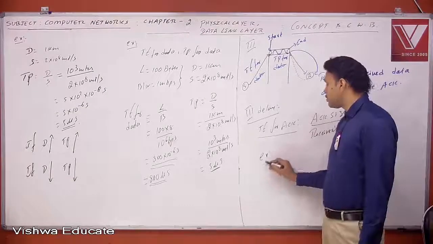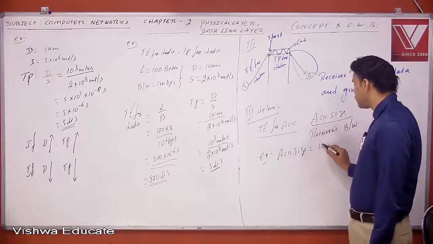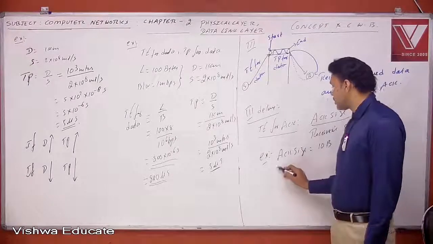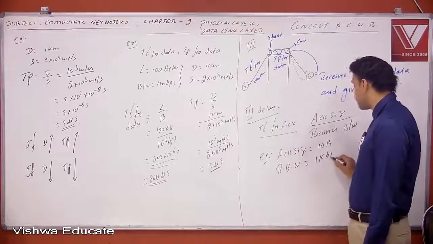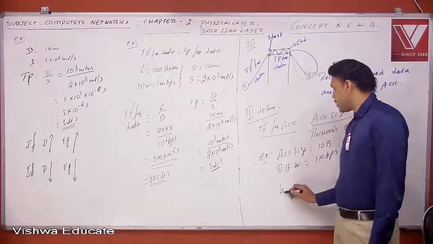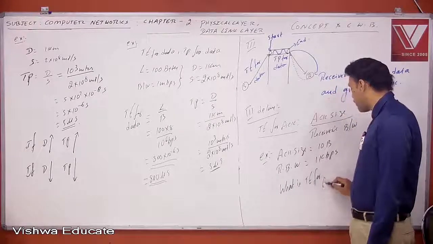For example, acknowledgement size is equal to 10 bytes and receiver bandwidth is equal to 1 kbps. He is asking what is the TT for acknowledgement?